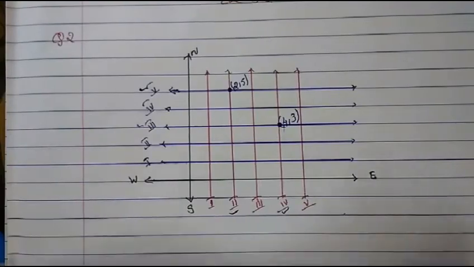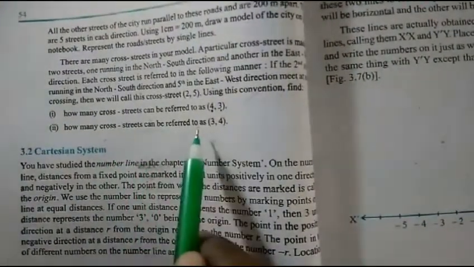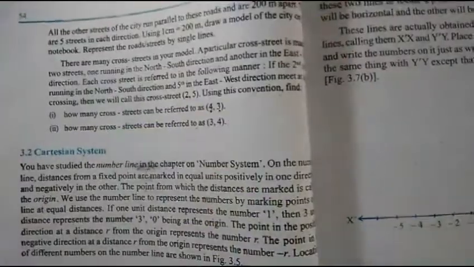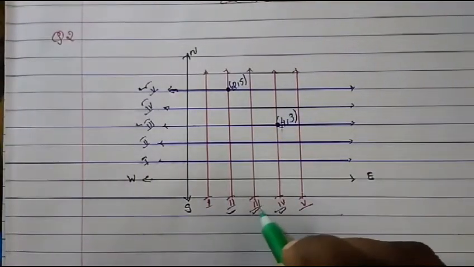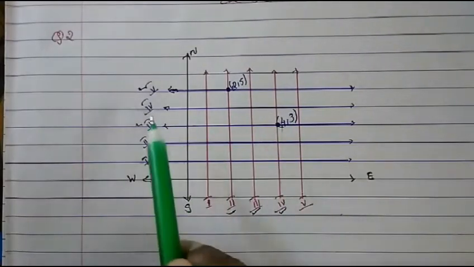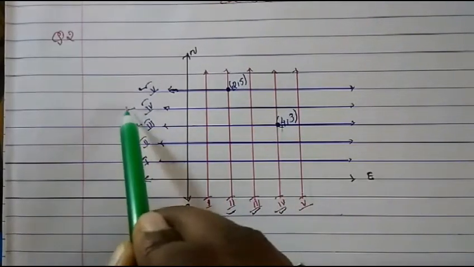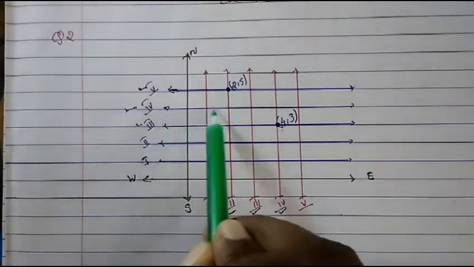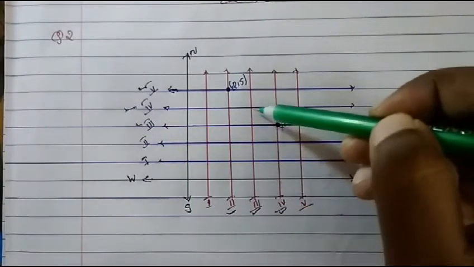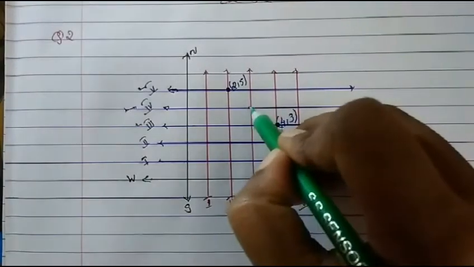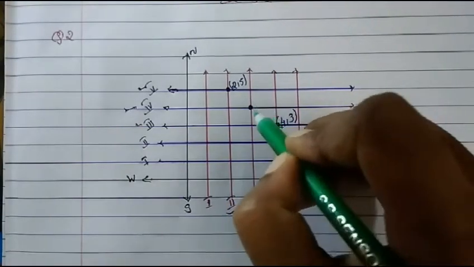So let's see the other one. How many cross streets can be referred to as 3, 4? So 3 is here and 4 east-west direction, 4 is here. So 4 is running towards this direction, 3 is running towards this direction. Where do they meet? Here. At this juncture they meet.